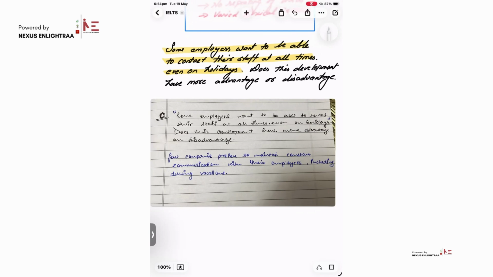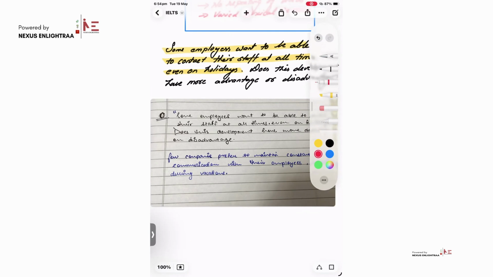Now, what is the difference between some and few? Some is few only, no? Isn't it the same thing? Some is like a number of employees or a number of people.